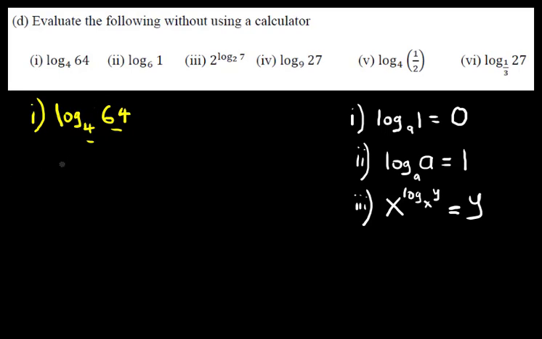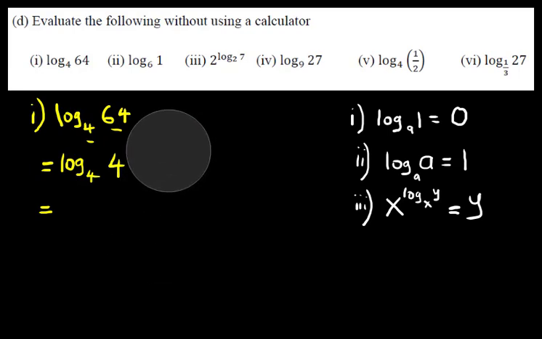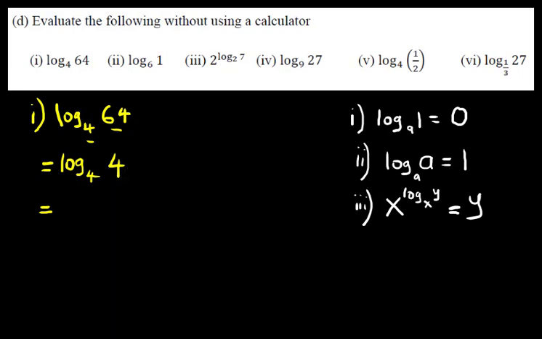One of the ways in which we can equate them is to rewrite this as log 4 of 4 raised to the power, that's another way in which 64 can be written. It should be raised to the power 3.